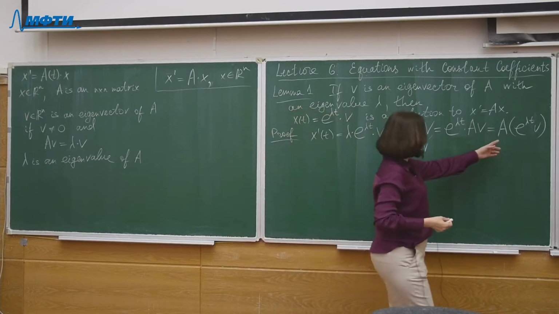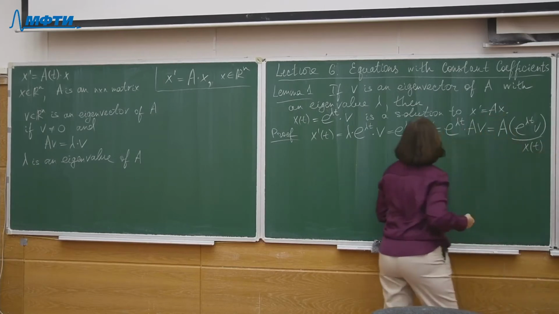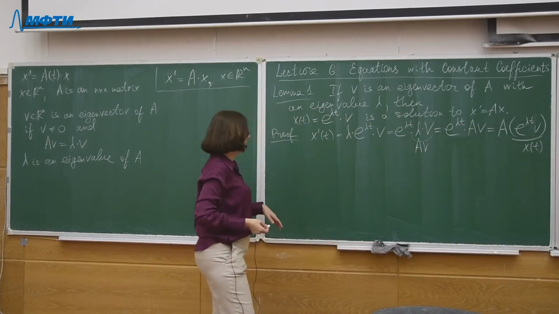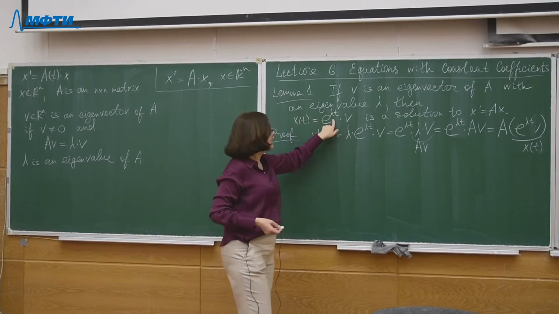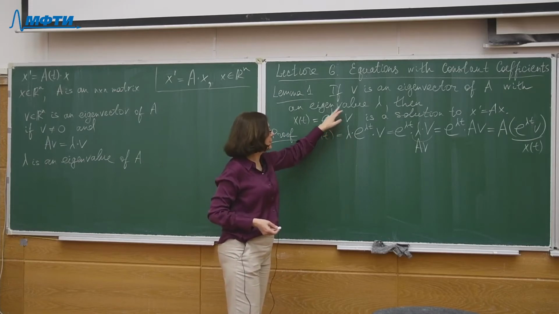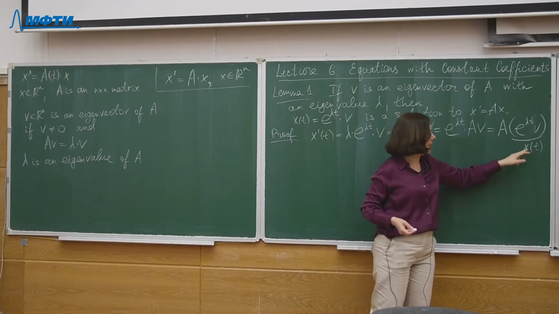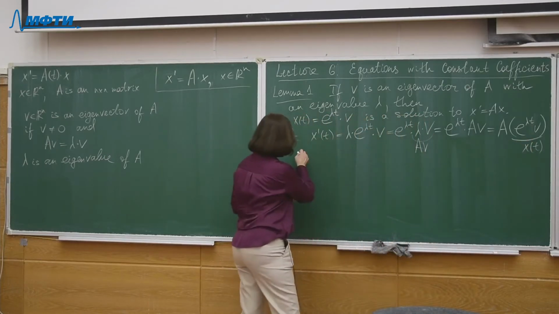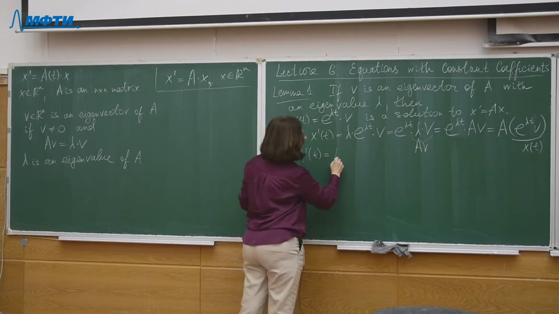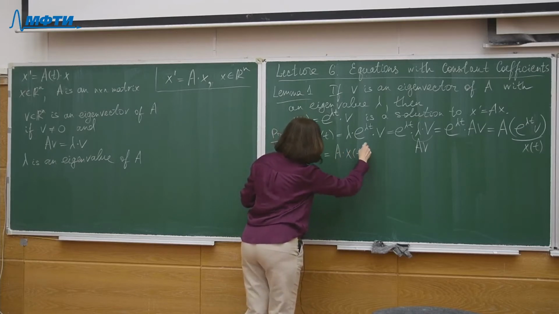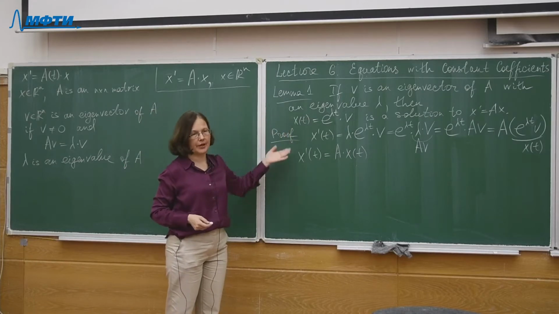But this is exactly x of t, because we started with this formula: x of t is equal to the product e to the lambda t, the constant, multiplied by v. So this function satisfies the differential equation x prime equals A times x of t. This proves that this is a solution of the differential equation.